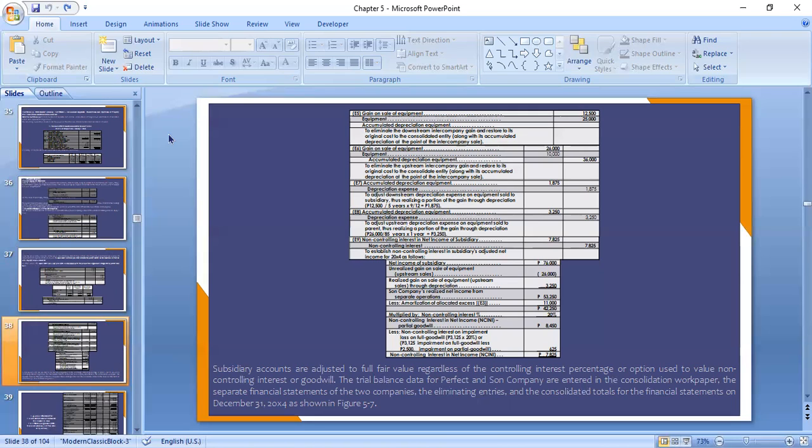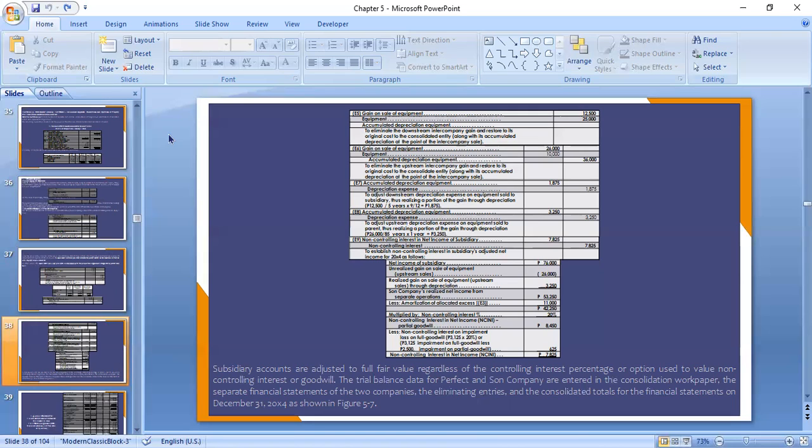So we have 12,500 divided by 5 years, and we multiply this by 12. So that's how we got 1,875.